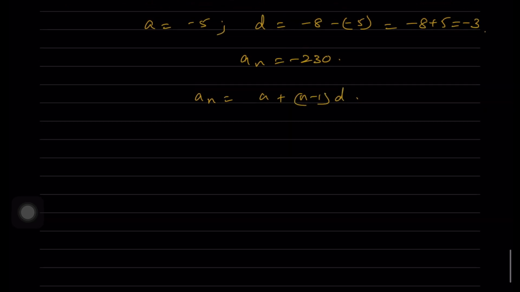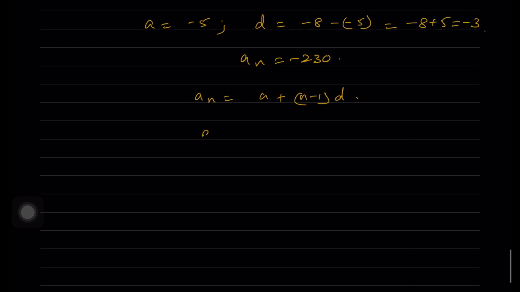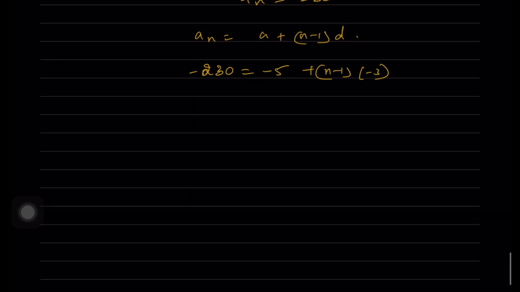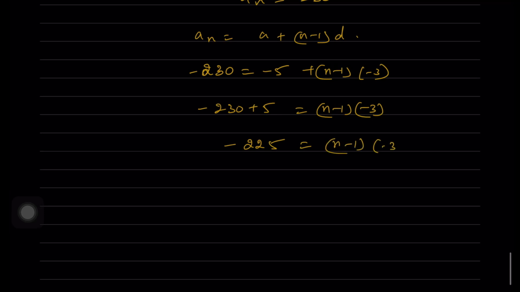So here you don't know what is n. So we have here an as minus 230 is equal to minus 5 plus n minus 1 into minus 3. So it becomes minus 230 plus 5 is equal to n minus 1 into minus 3, which is minus 225 is equal to n minus 1 into minus 3.